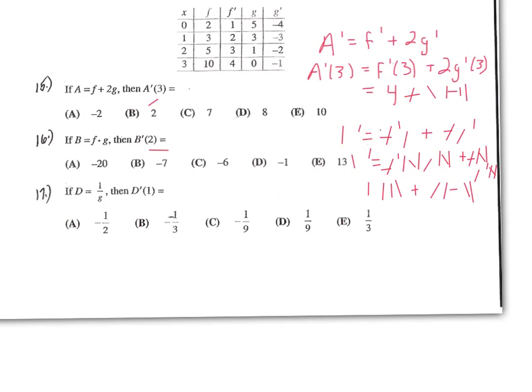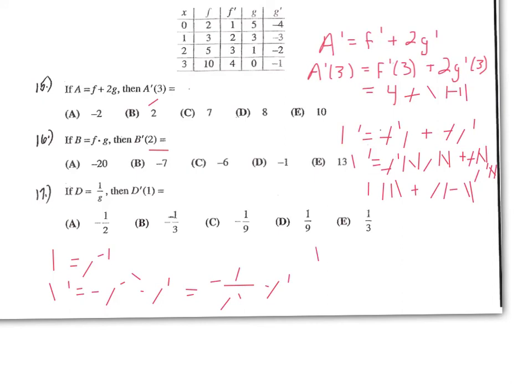If d is 1 over g, or g to the negative 1, then d prime will be negative g to the negative 2 times g prime, since we need to chain rule it. So, rewriting that would be negative 1 over g squared times g prime.